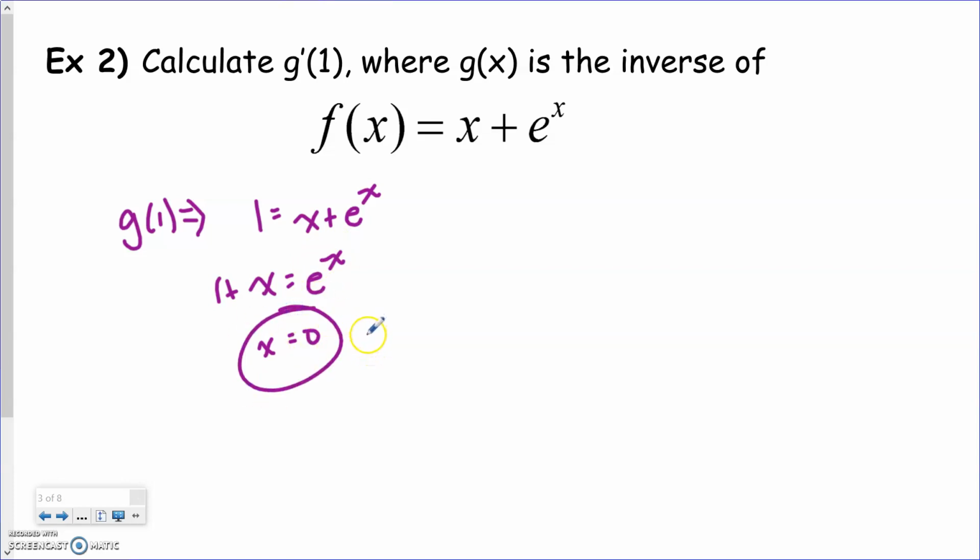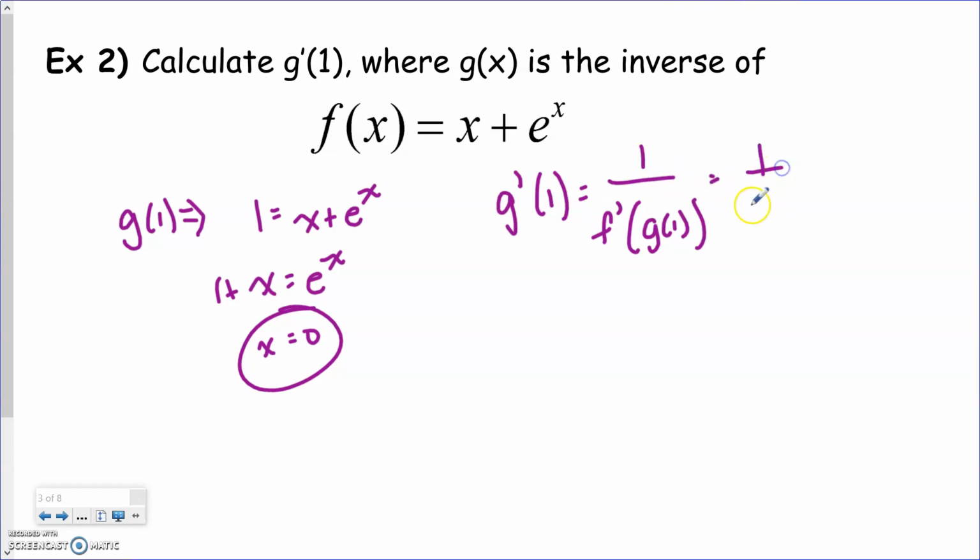So what that means is if I want to find g prime of 1 using that formula, we're going to do 1 over f prime of g of 1. G of 1 is actually 0.